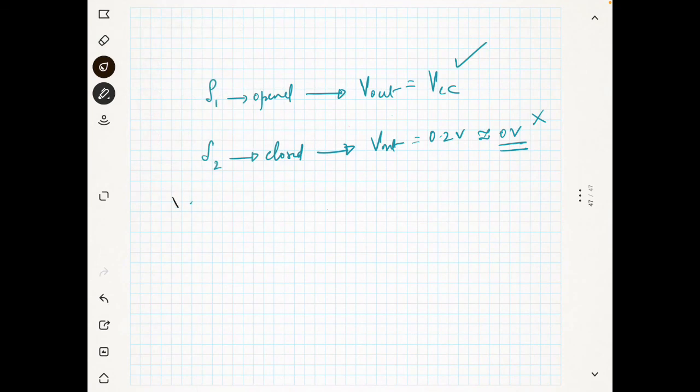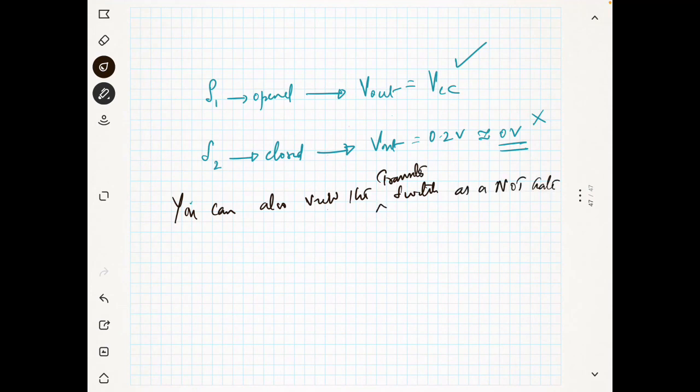So you can also view the transistor switch as a NOT gate. You might have studied about NOT gate. You have a NOT gate like this. In a NOT gate, if you give 1, you will get 0. If you give 0, you will get 1.